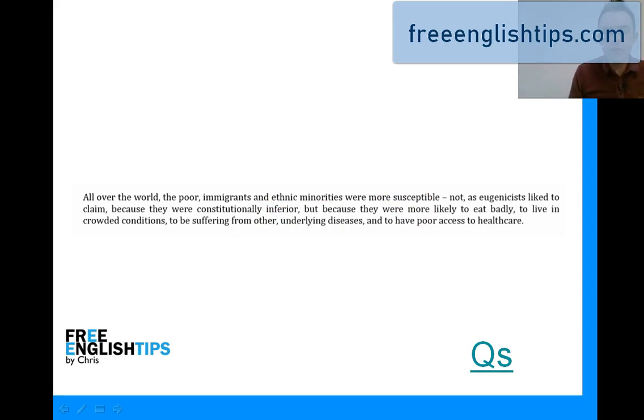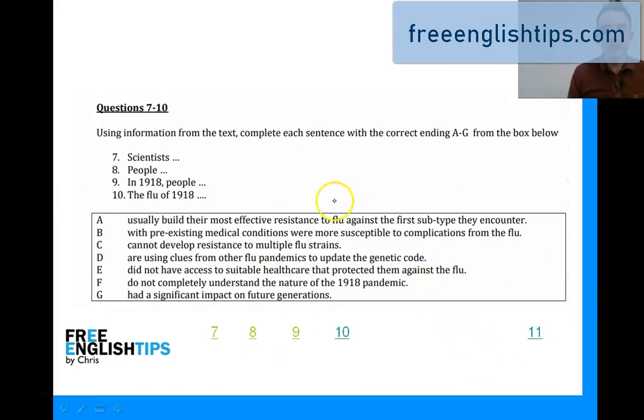People who were suffering from underlying diseases had more susceptibility to the flu. That's where you would find the answer to question 9. All right. So let's go back to the question, and we would say that question 9, the answer is B.